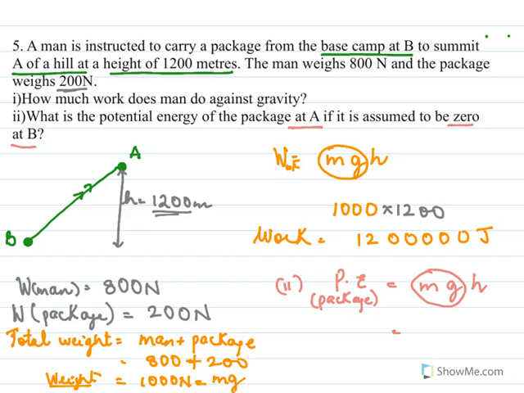So the mg, m into g, which is directly given to us, 200 newtons is the weight. 200 newtons is m into g, is 200 N moving through a height of 1200, so into 1200. So the potential energy of the package will be 240000 joules, as compared to taking B as a ground level, as zero potential.